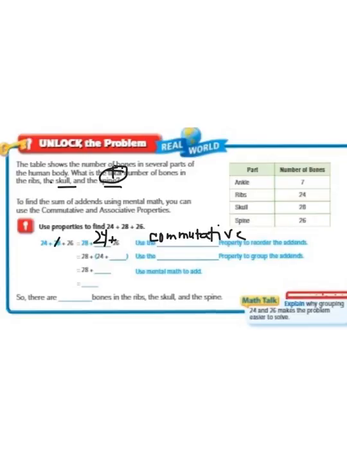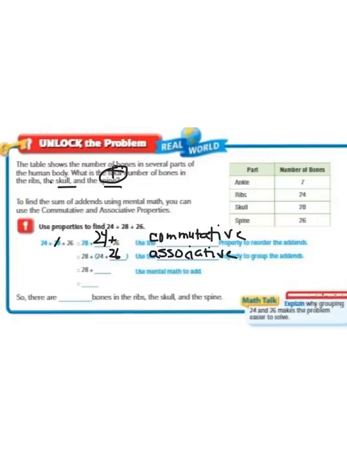So then we have equals 28 plus parentheses 24, and the only addend we have left is the 26 parentheses. Doing it that way, we have used the associative property to group the addends.